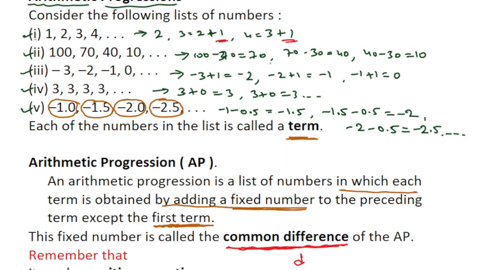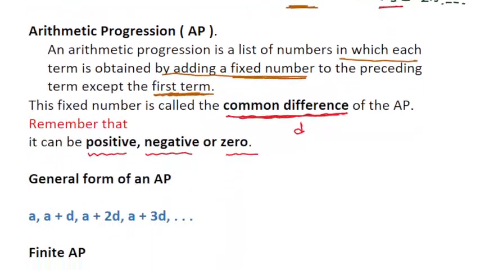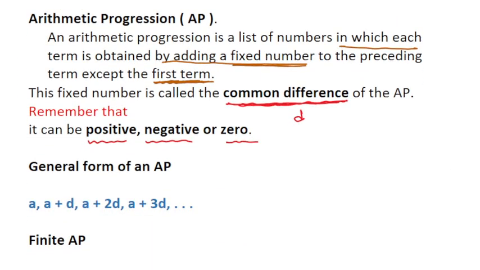In the second example, the common difference is negative, minus 30. Also in the fifth example, it is negative, minus 0.5. Whereas in the fourth example, the common difference is 0. So it can be asked in multiple choice questions. Please remember it. The common difference can be positive, negative, or 0.